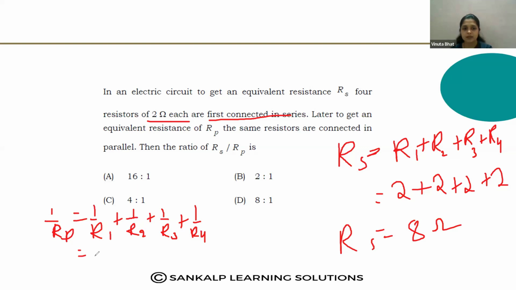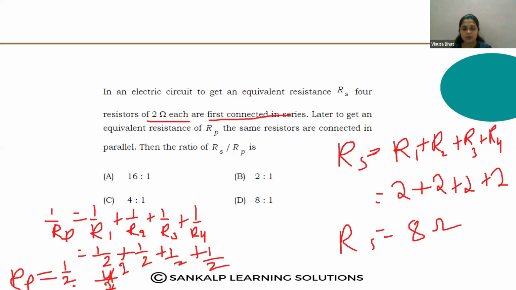So that is 1 by 2 plus 1 by 2 plus 1 by 2 plus 1 by 2, that is 4 by 2. So Rp is equal to 1 by 2, which we can write as 0.5.